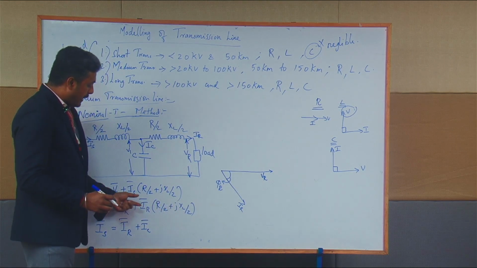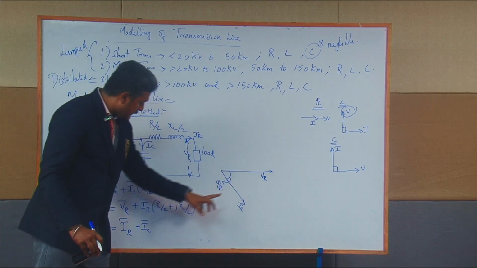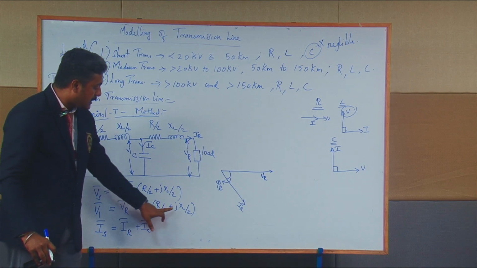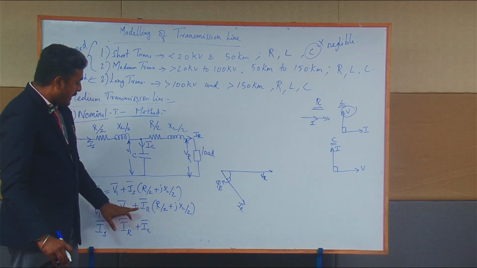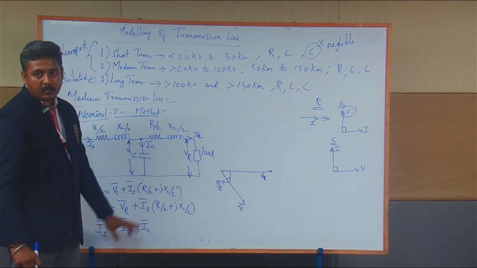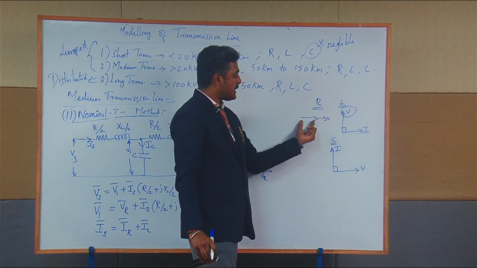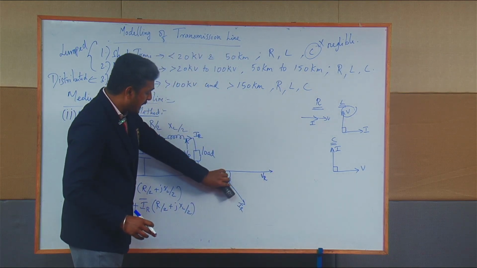Here I have drawn the VR vector, and the remaining things are IR into R by 2 and IR into XL by 2. IR vector and IR into R by 2 will be in phase, same as for resistance, where voltage and current are in phase. Therefore, this is the IR vector.